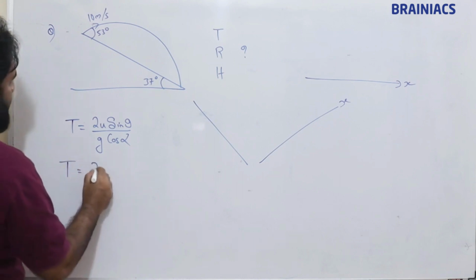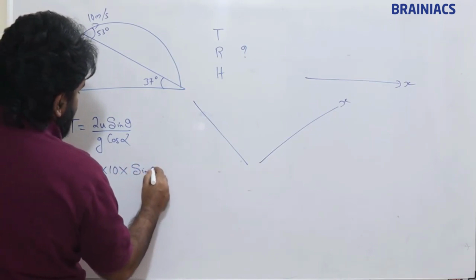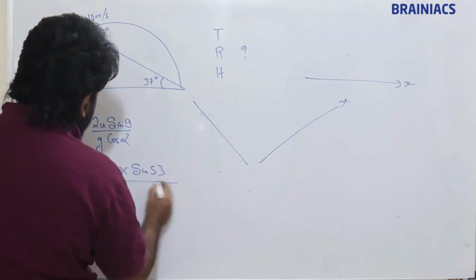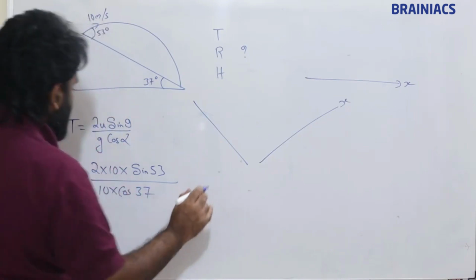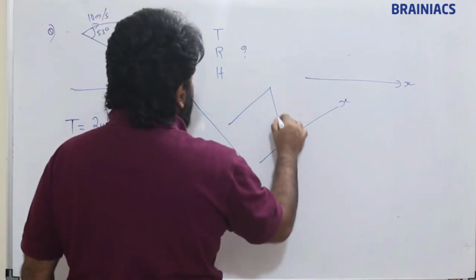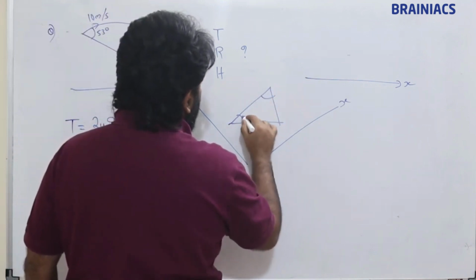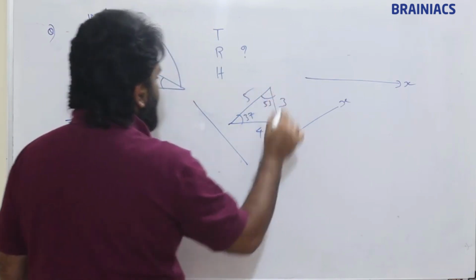So t is equal to 2 into 10 into sin 53 divided by 10 into cos 37. Okay, so what is sin 53? 37, 53, 3, 4, 5.